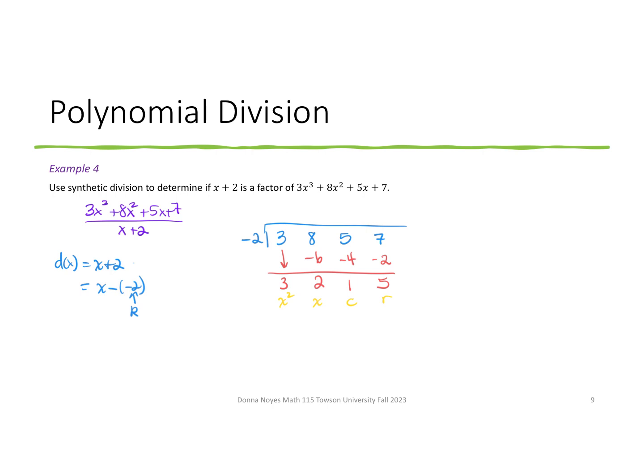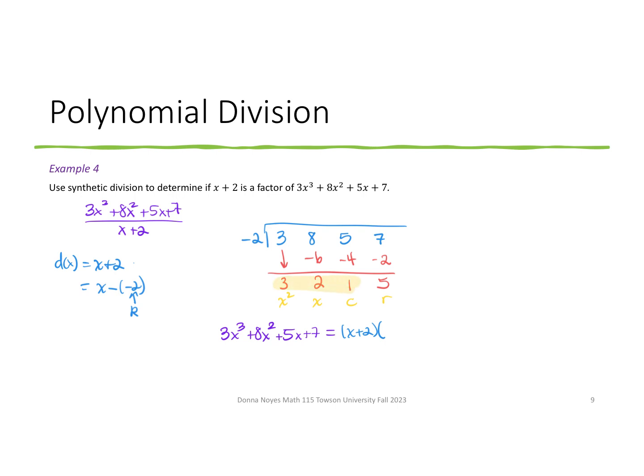So if we wanted to write out our solution here, we could say in this case that 3x cubed plus 8x squared plus 5x plus 7 can be written as our divisor, which is x plus 2, times our quotient, which is what we have left here.